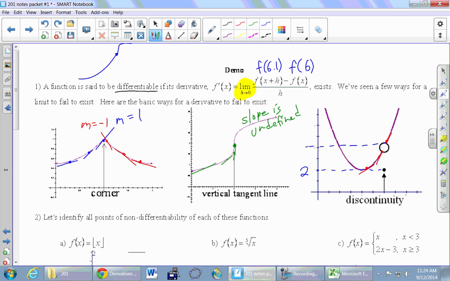So we're not going to get a 0 over 0 because the f of 6 isn't anywhere close to f of 6.1. Usually f of 6 is close to f of 6.1, but in this case it's not. And again, that derivative, which is a limit, won't exist. So here are the 3 common ways to have a derivative fail to exist. Got a corner, got a vertical tangent line, or any old discontinuity, then we've got a problem.